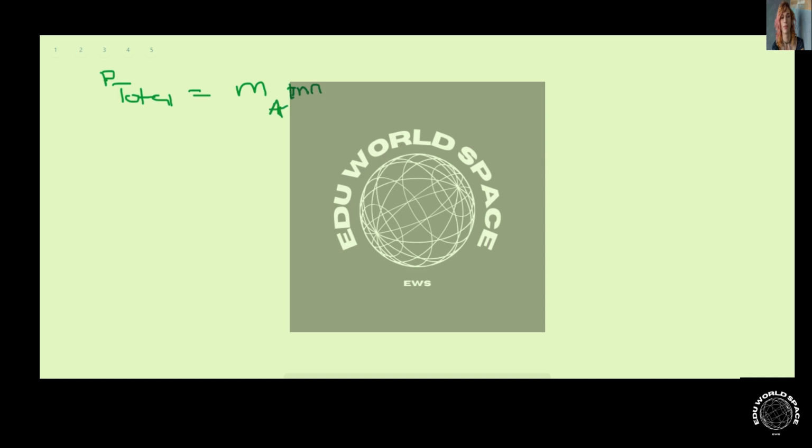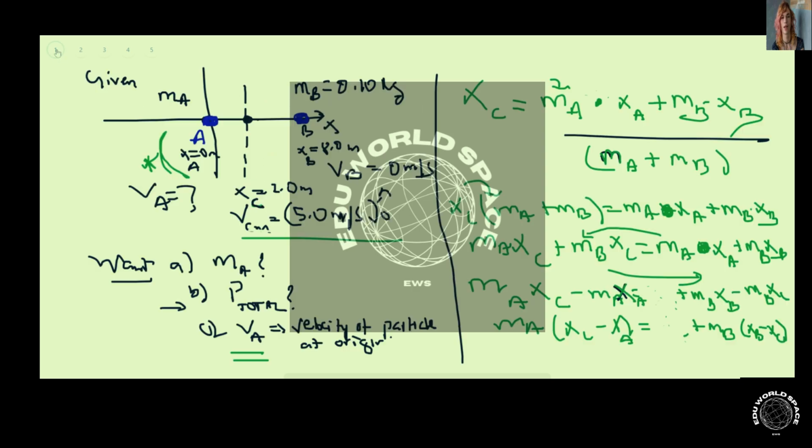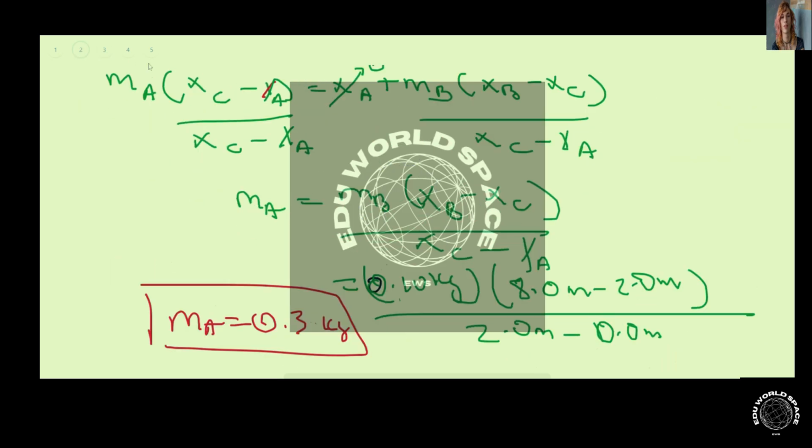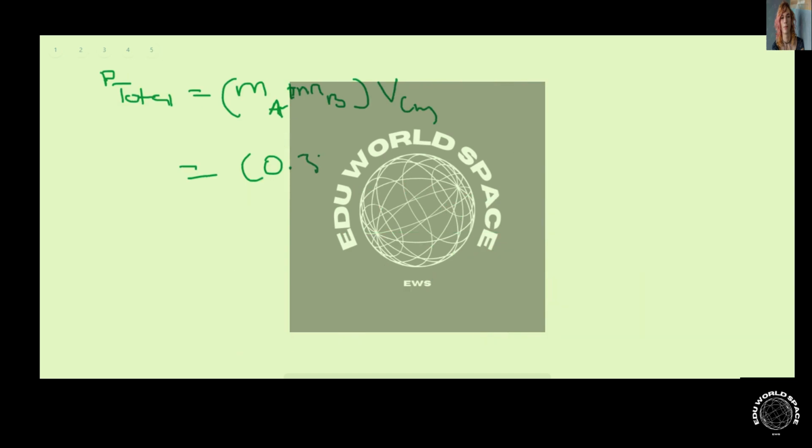MA plus MB, and then VCM. The mass of A, we got that was 0.3 kilograms, plus the mass of B, which was 0.10 kilograms, times the velocity at the center of mass, which happens to be 5.0 meters per second I hat.